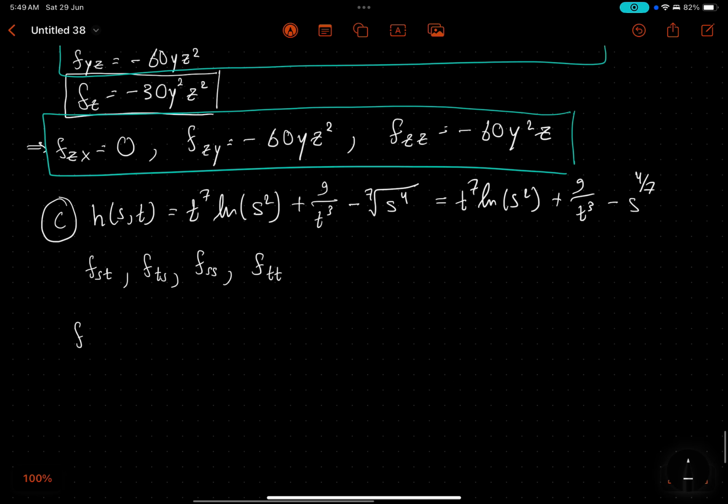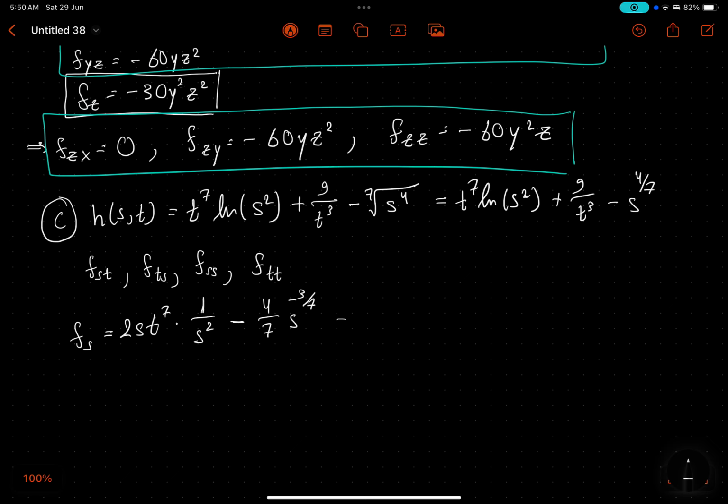Now let's differentiate, find fs. The partial derivative with respect to s of ln s squared is 2s t to the 7 times 1 over s squared, minus 4 over 7 s to the power of 4 over 7 minus 1, which is minus 3 over 7.